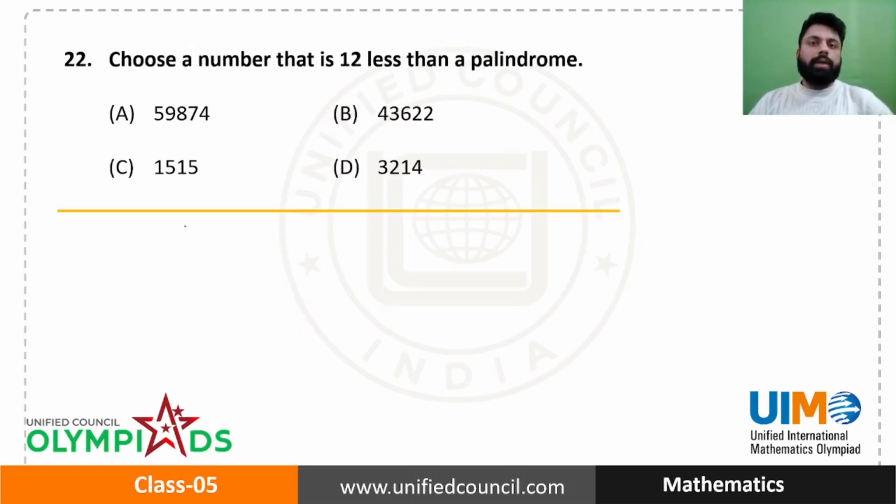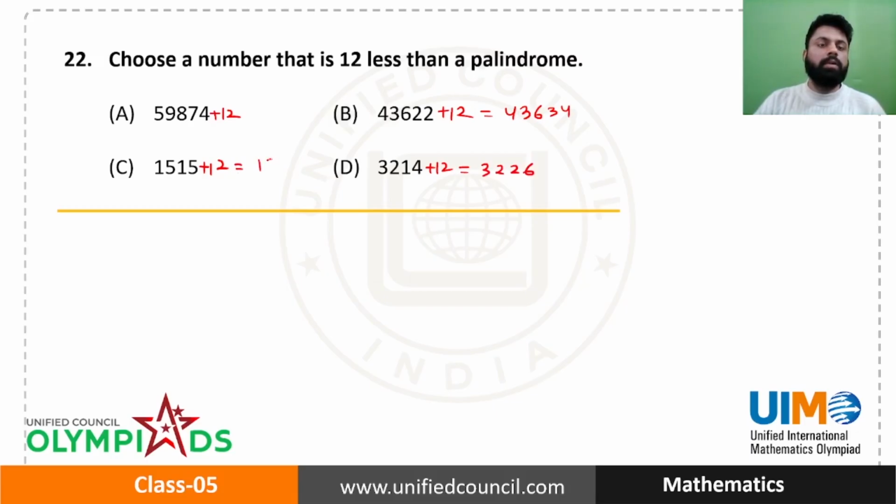Choose a number that is 12 less than a palindrome. So if we add 12 in all the cases, this will become 43634. This will become 3226.